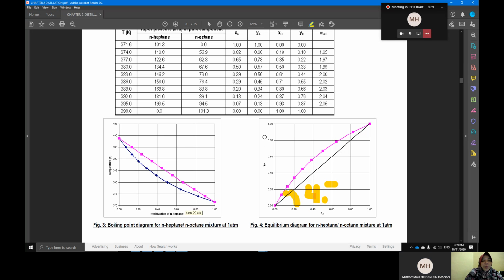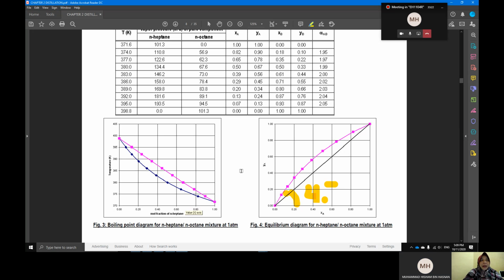Tapi kat sini y dia represent mole fraction of vapor A. Sini paksi X dia mole fraction of liquid A. Dia A. A dengan A. B tak main dah kat sini. Okay. Sebab apa? Kenapa B tu kita tak kisah?